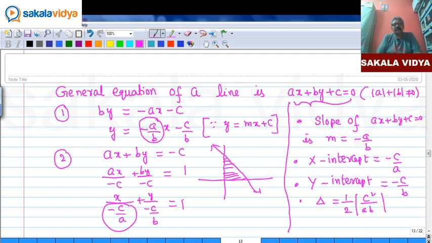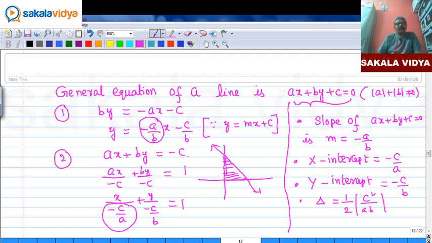That means x intercept half into y intercept, minus c by a into minus c by b, c square by ab into half. So, this we can find out.